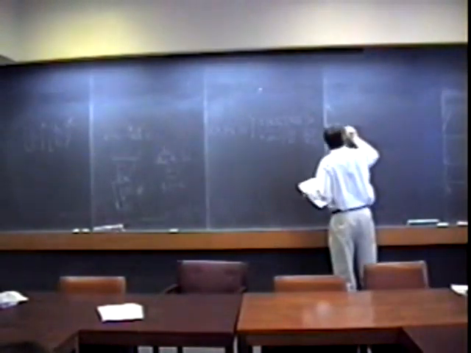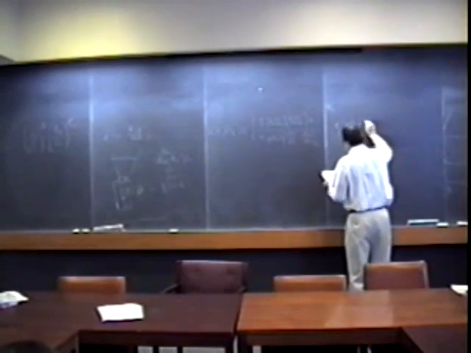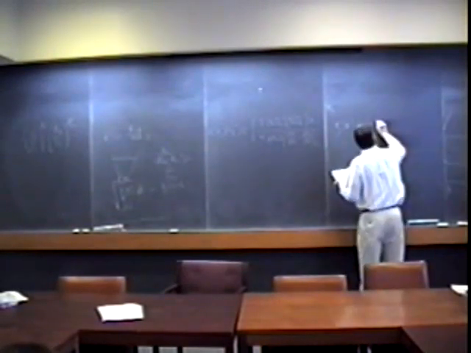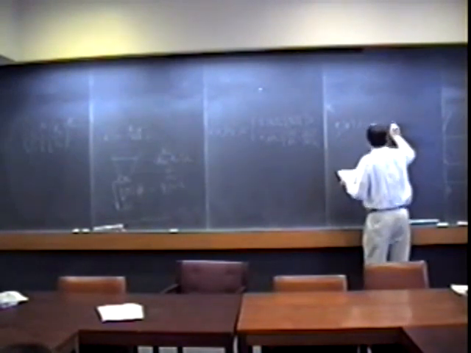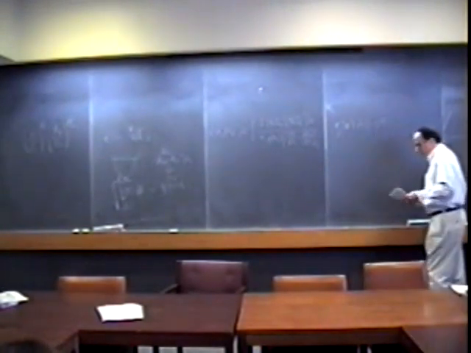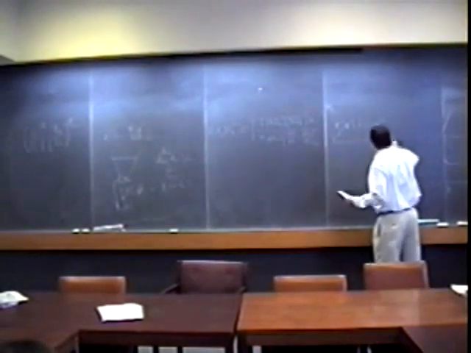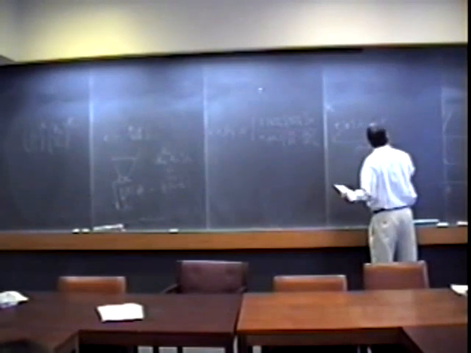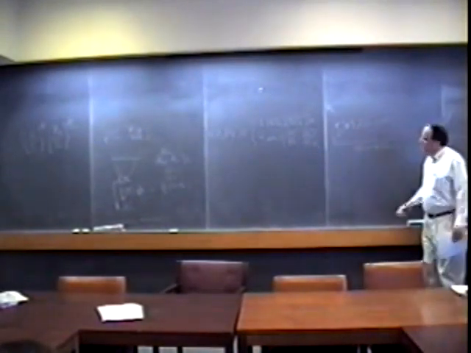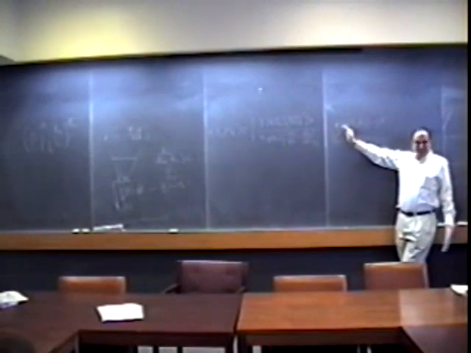We have psi of E, Airy function, minus psi of E. Okay, this is the phase vector. This is what I would like to leave out.